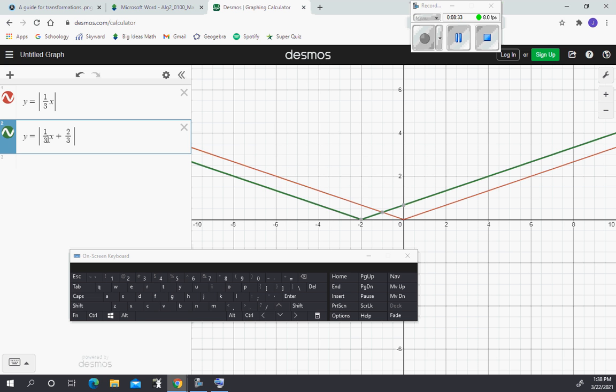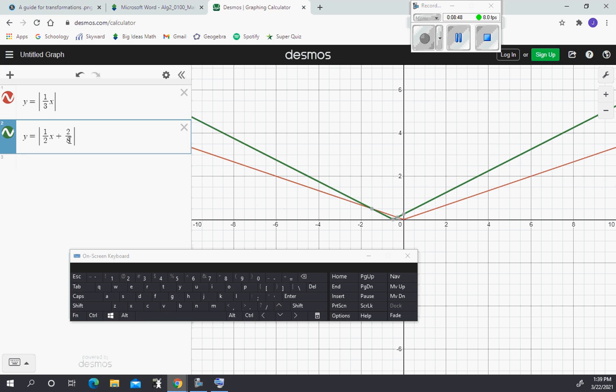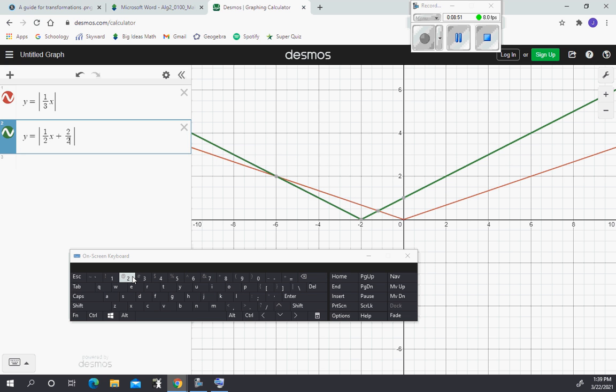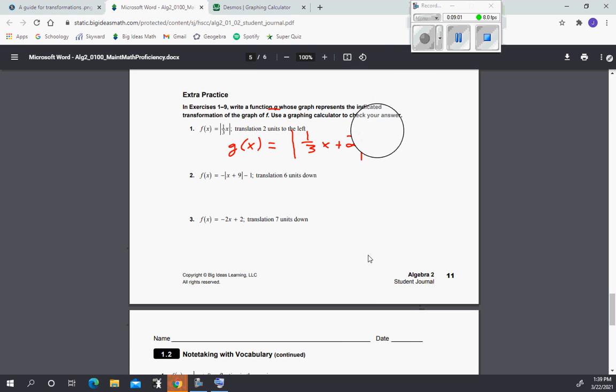But if I go back and type in 1/8 x, and I want to move that 2 units to the left, we're going to say plus 2/8, right? Or let's go 1/2. We're going to have 2/2, or plus 1. That'll move it to the left 2. So the correct answer isn't plus 2, it's plus 2/3. There is our final answer.